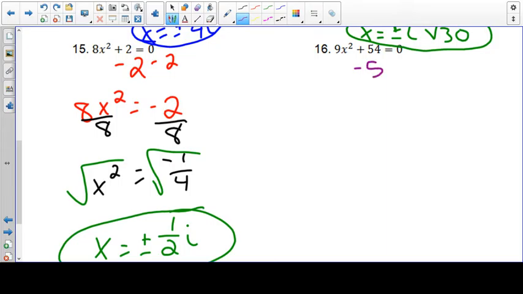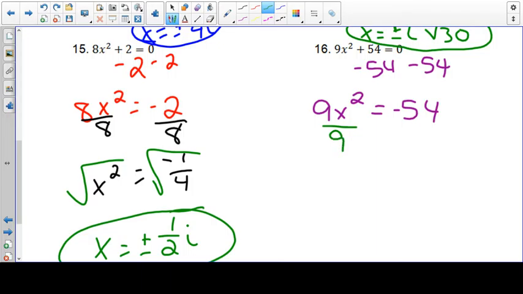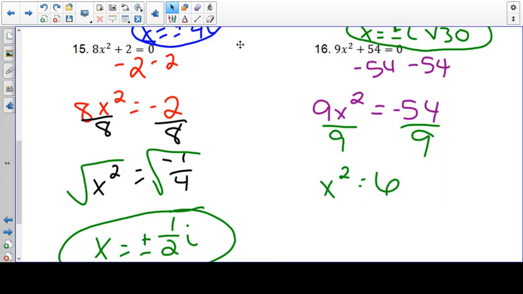All right, let's see this last one. So minus 54. So I have 9x squared equals -54. Divide both sides by 9. x squared is equal to negative 6.